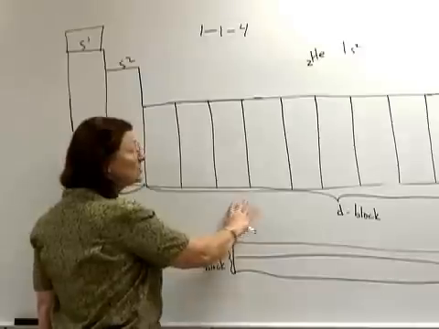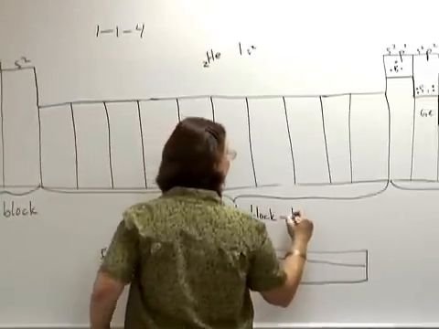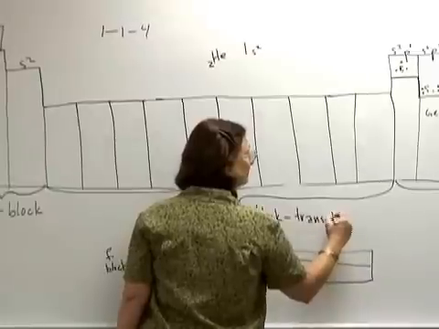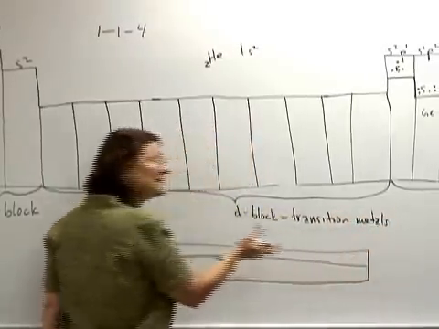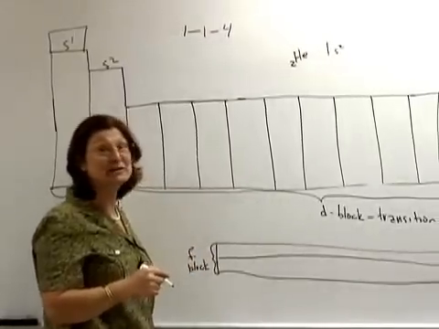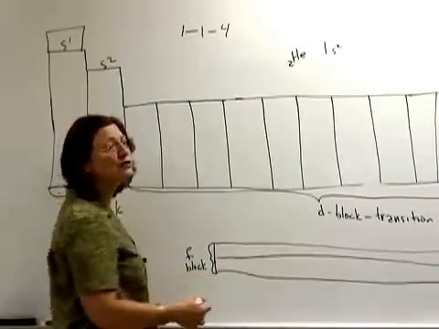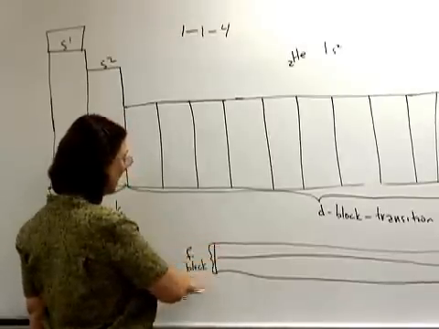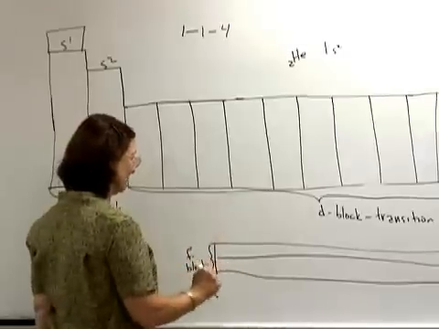Now, the D block is also called the transition metals. And the reason that we take the F block out is so that we can fit it on a regular sized piece of paper. Otherwise, we'd have to have a legal size. And these F block atoms are not used very much, and therefore we can take it out and put it down on the bottom.